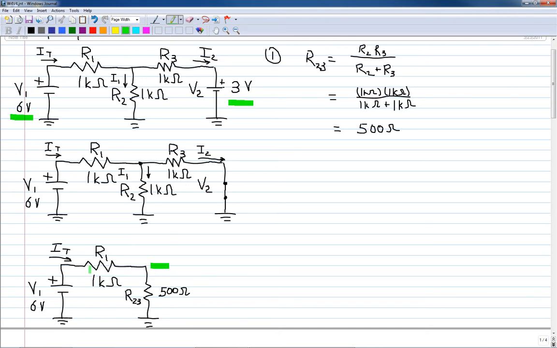Alright, where we have one current, I total, flowing through R1 and R23, which tells us that R1 and R23 are in series. So we can find the total resistance in step number 2. R total is equal to R1 plus R23.